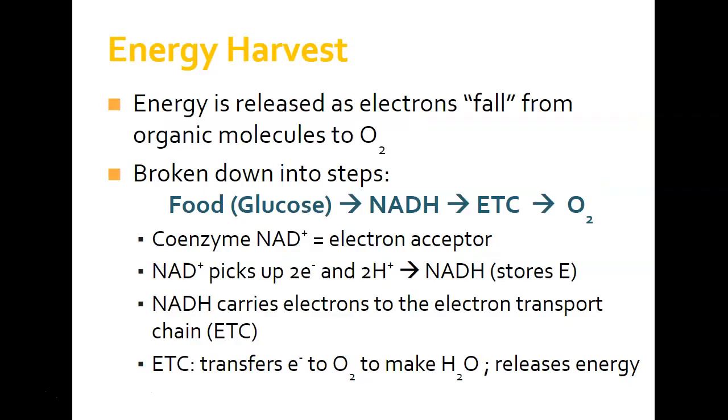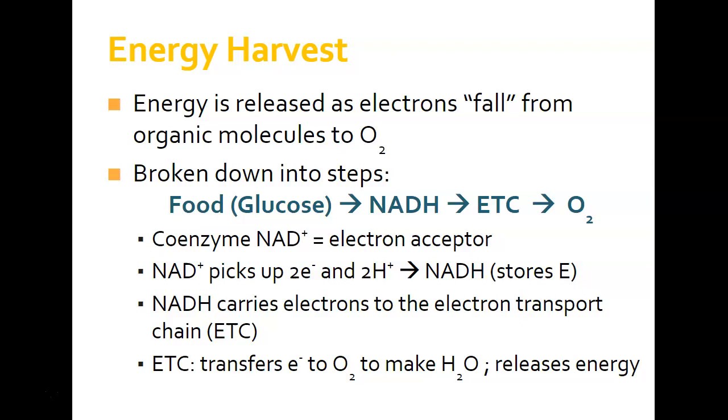Okay, so energy harvest. We talked about this a little bit in photosynthesis, where in the photosystems, the electrons have to fall down an electron transport chain. This is going to happen in here too, for the same purpose. If you have excited electrons dropping down to a stable electron state, they're basically going to explode off all of their energy.